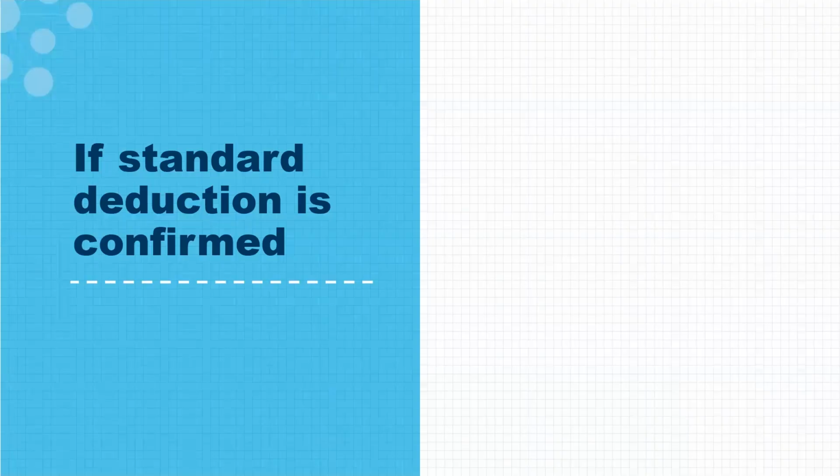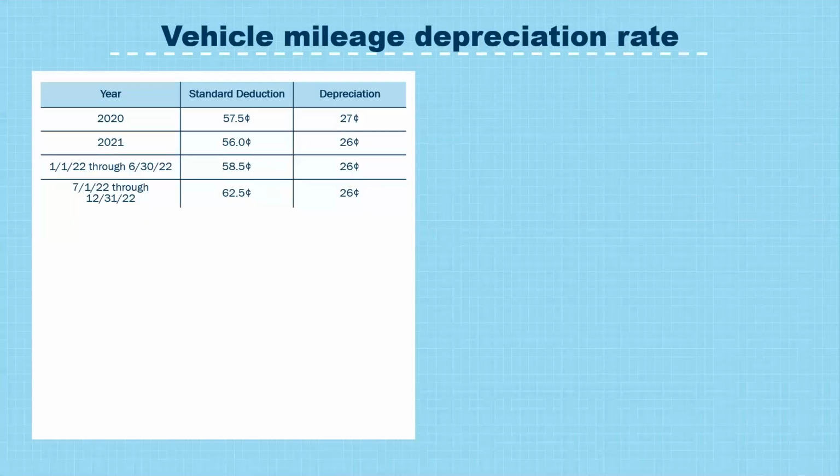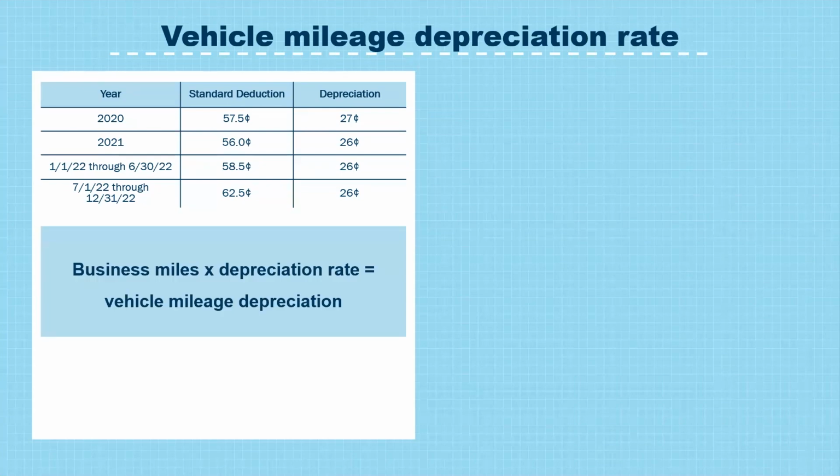So, if standard deduction is confirmed, then vehicle mileage depreciation can be calculated and added back during cash flowing. Each year, the IRS issues a standard deduction rate and also provides the rate for what portion can be attributed to depreciation. Then business miles would be multiplied by the depreciation rate to determine the vehicle mileage depreciation.